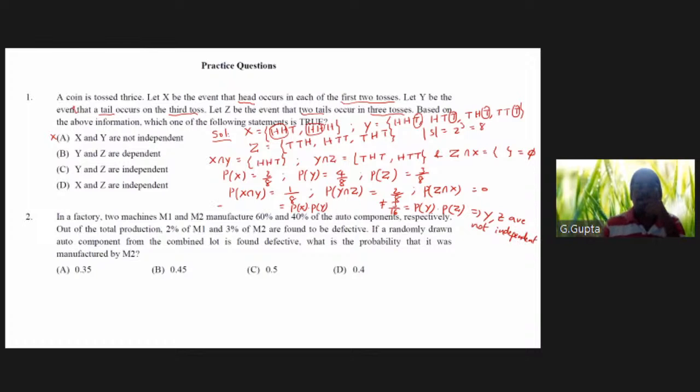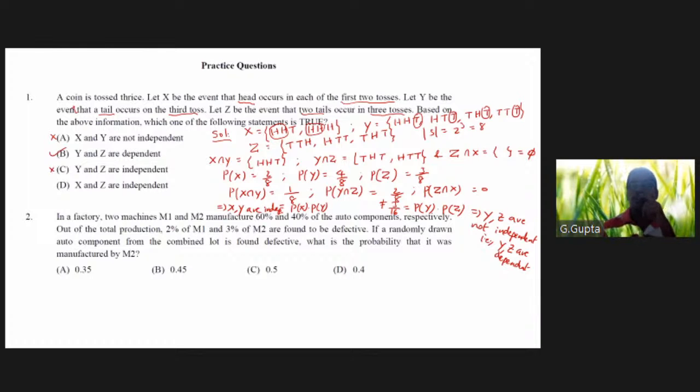Here X, Y are independent, so option A is wrong. Y and Z are dependent, so option B is correct.